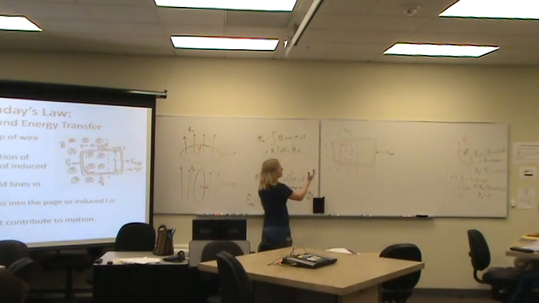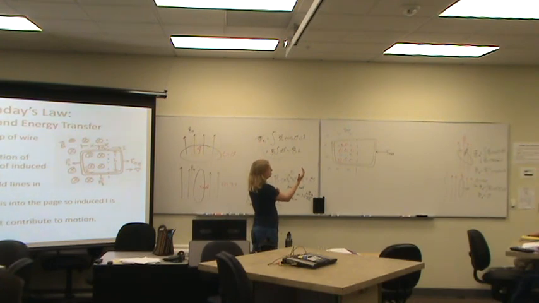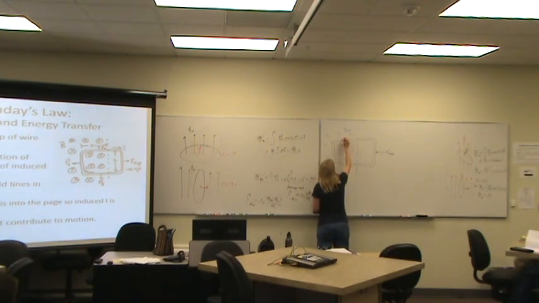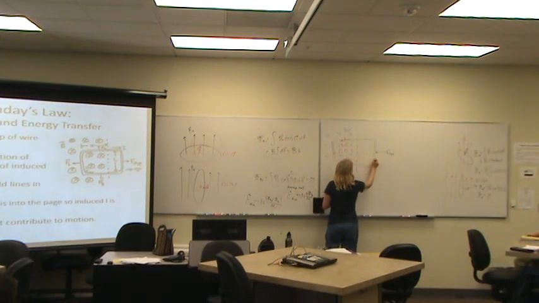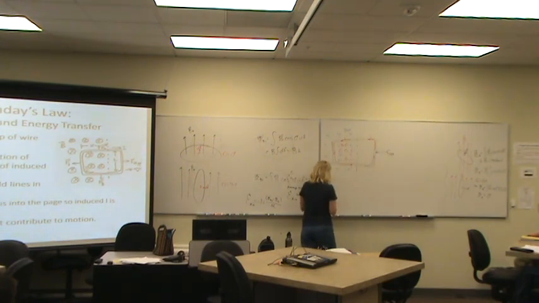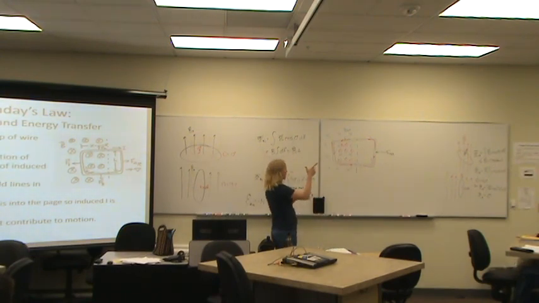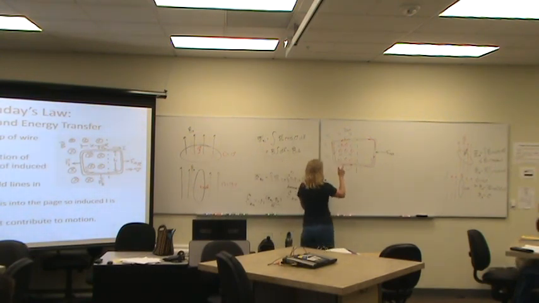And the induced B field coming out of the board, what direction of current do we get from that induced B field? Counterclockwise. Okay, and then to color code this, our right-hand rule is using the blue B field to figure out the direction of the force.